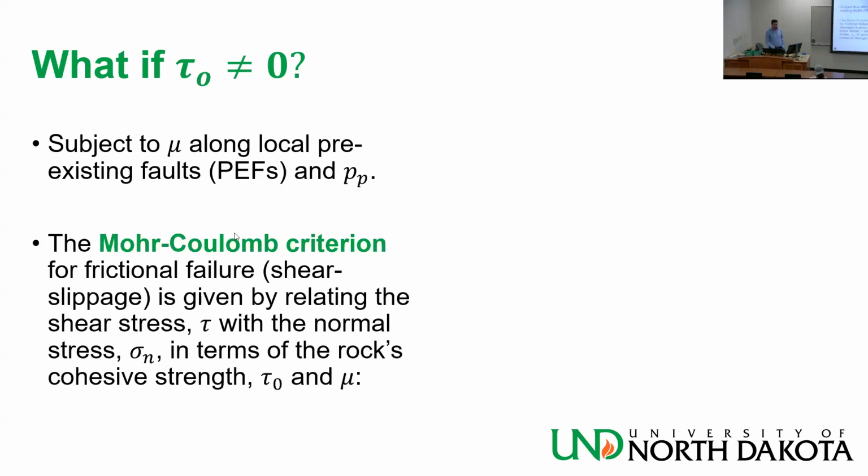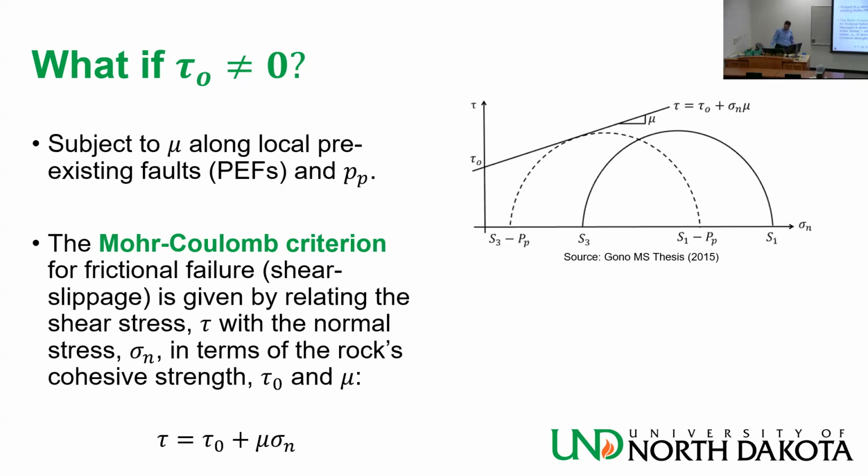The Mohr-Coulomb criterion for frictional failure is given by relating the shear stress tau with the normal stress sigma n in terms of the rock's cohesive strength, mu and tau naught. Okay, so now I have this tau naught to worry about. So what's going to happen is I'm going to have an intercept.